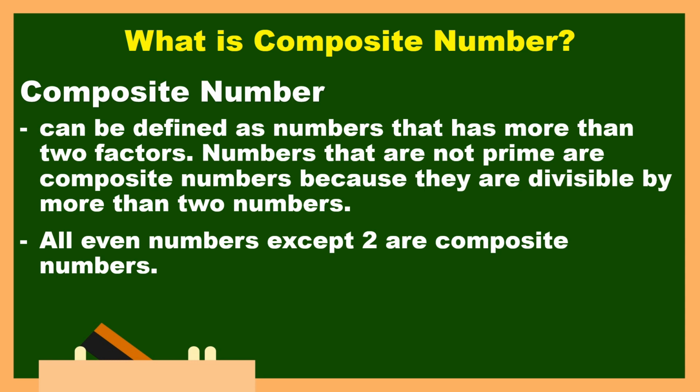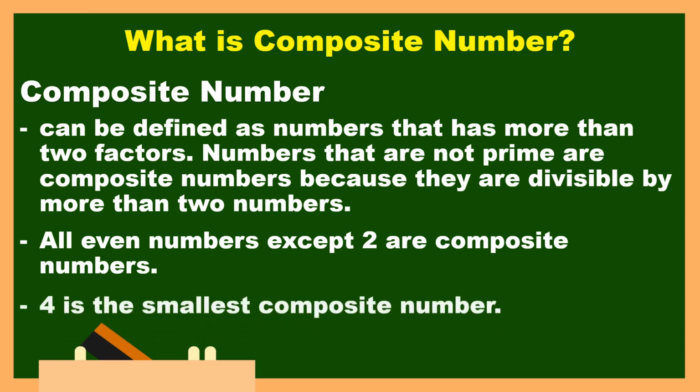So, kanina, sinabi ko na, ang 2 ay ang tanging even prime number. And 2 is the smallest prime number. Kaya, ang 2 ay hindi siya composite number. And 4 is the smallest composite number. Another example of composite number is 8.